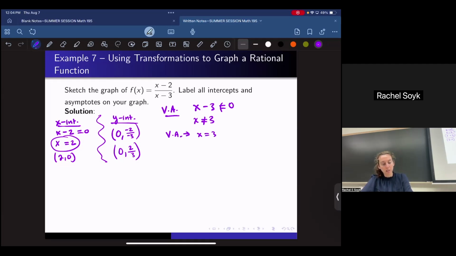And then horizontal asymptote, look at the coefficient. Our horizontal asymptote is 1. Good. So now let's sketch this out.